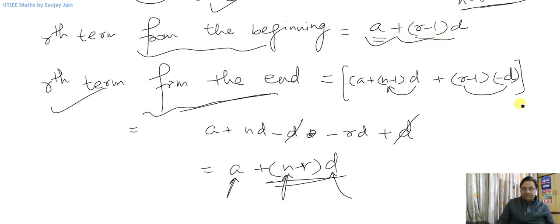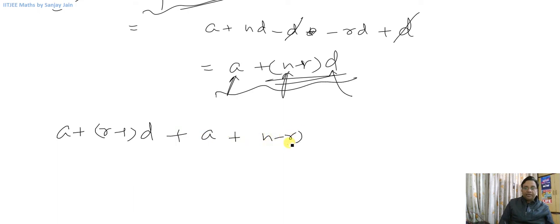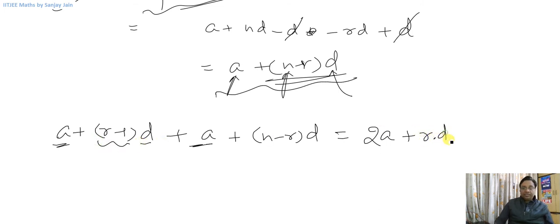This is rth term from the beginning, a plus (r minus 1) into d, and this is rth term from the end, a plus (n minus r) into d. What will be the sum? a plus a will be 2a, plus (r minus 1) into d can be written as r into d minus d, and (n minus r) into d can be written as n into d minus r into d.